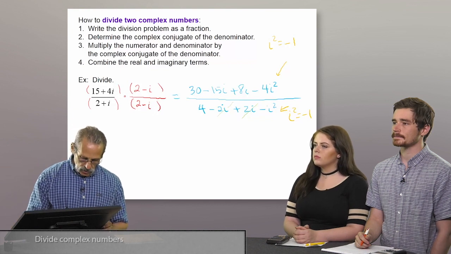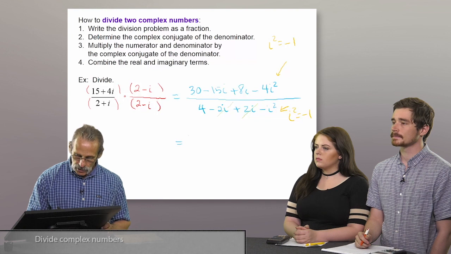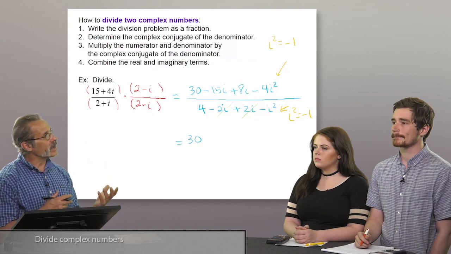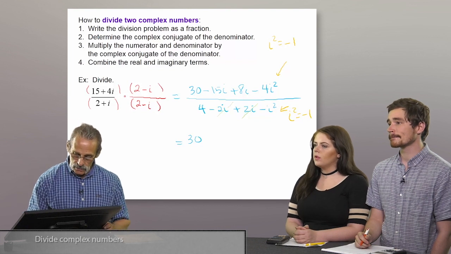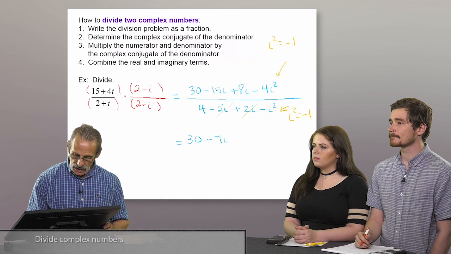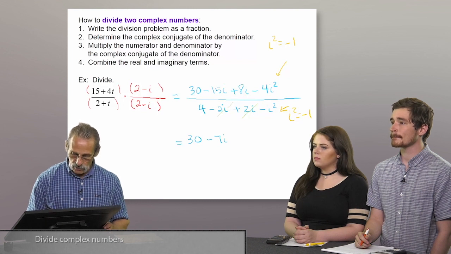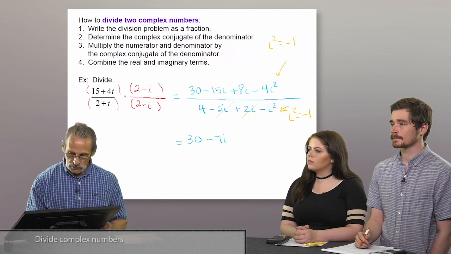So let's take a look at our next line. I'll have 30. Let's combine the imaginary parts. Negative 15i plus 8i is? Minus 7i. So we have negative 7i, or minus 7i if it's in the form of the equation. Then how about negative 4 times negative 1?